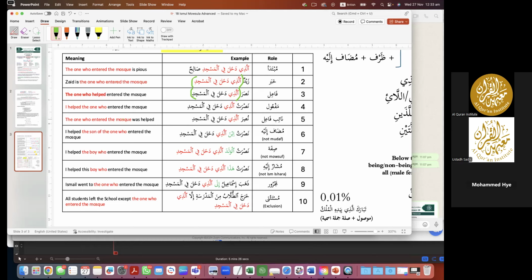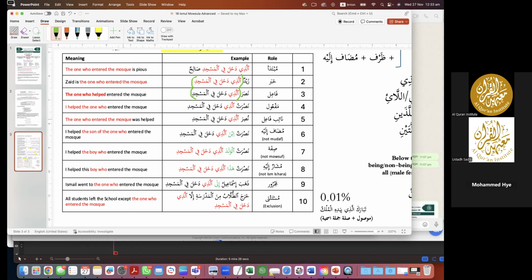So what is this? Ila alladhi. Ila is harf jar. Alladhi is jar majroor. So what is the mahal of alladhi? In the position of majroor. So it's majroor, alladhi, mashallah.